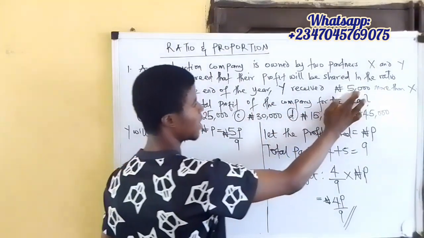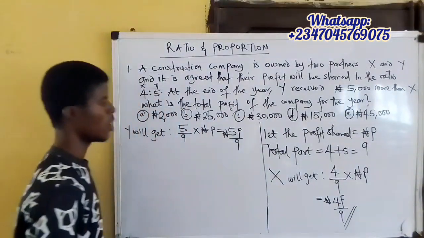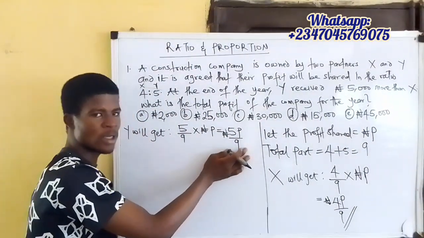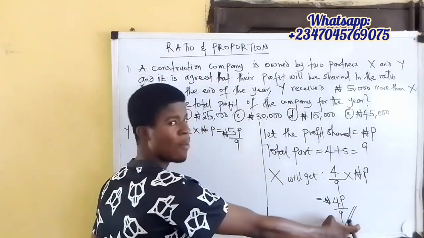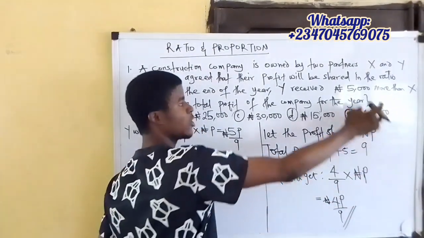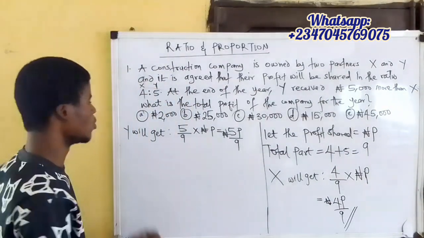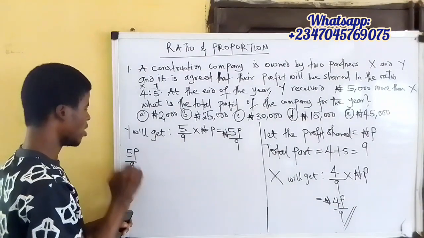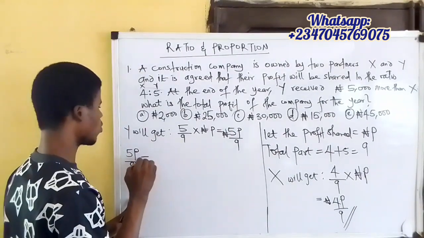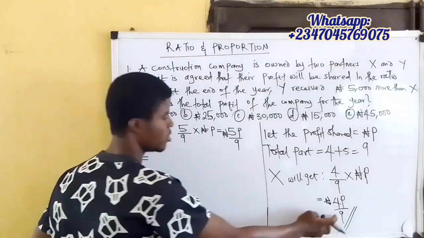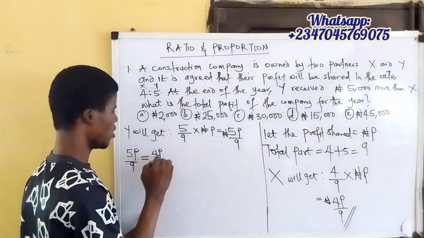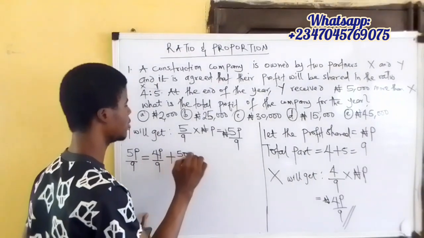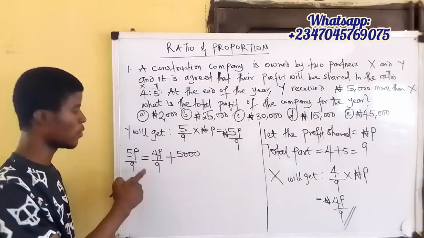Y received 5,000 naira more than X. So this amount is equal to the amount X received plus an additional 5,000 naira. So 5P over 9, which Y received, is equal to the amount X received, that's 4P over 9, plus 5,000 naira additional. We'll solve this equation now for P.